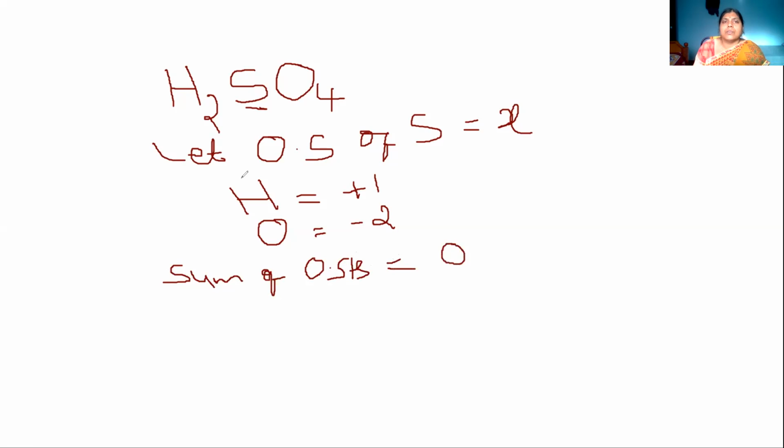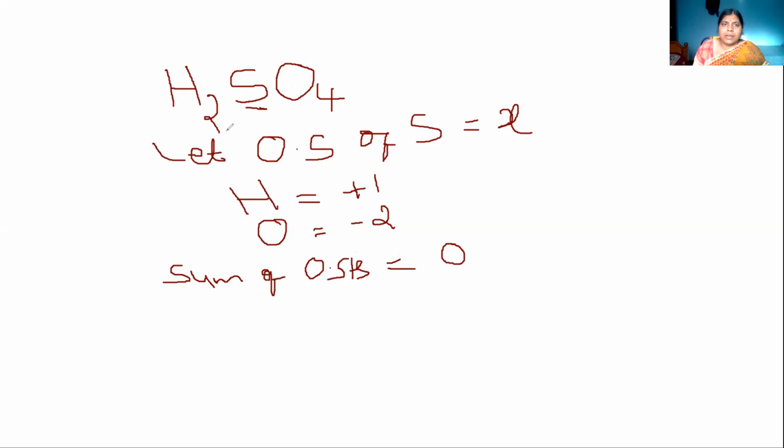That means you have to sum up the oxidation states of all atoms in a molecule, and it will be taken as 0. So here number of atoms into its oxidation states.